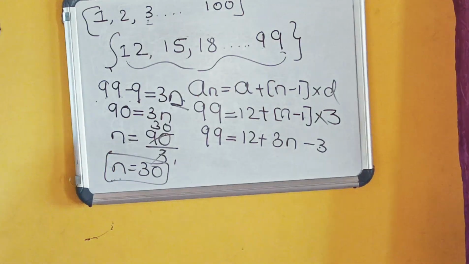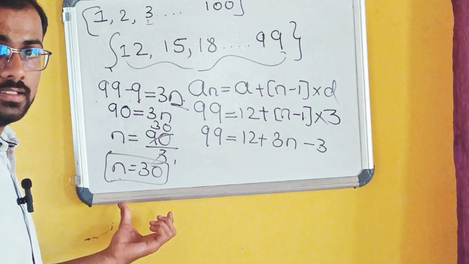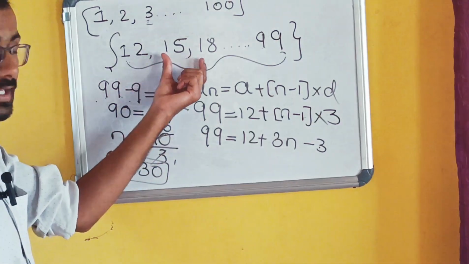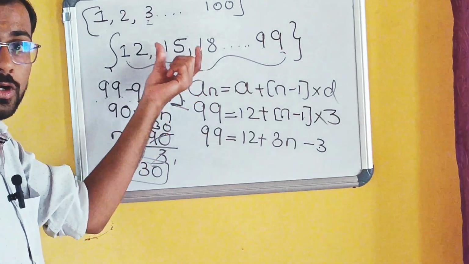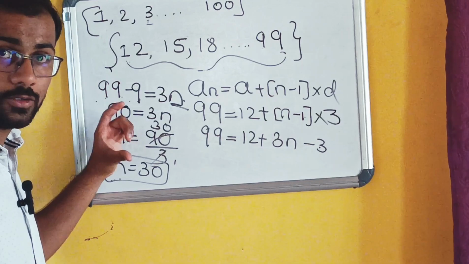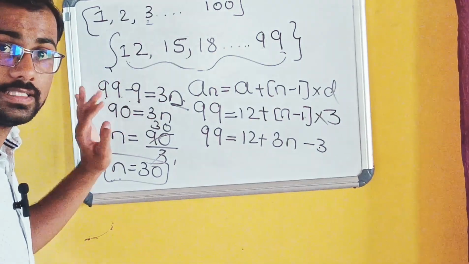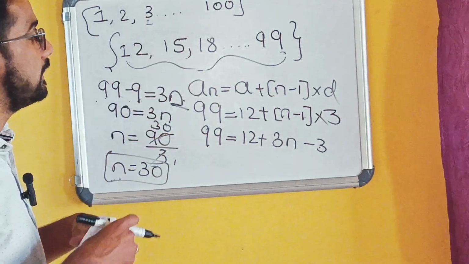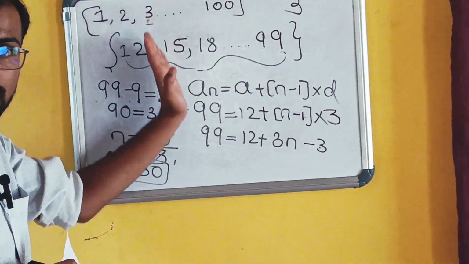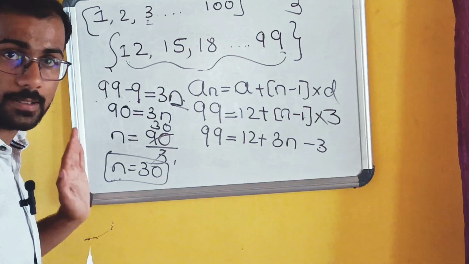So this is the value of n: 30. Hence there are 30 numbers from 12 to 99, 30 numbers which are divisible by 3. So this is how we have to solve these types of examples.